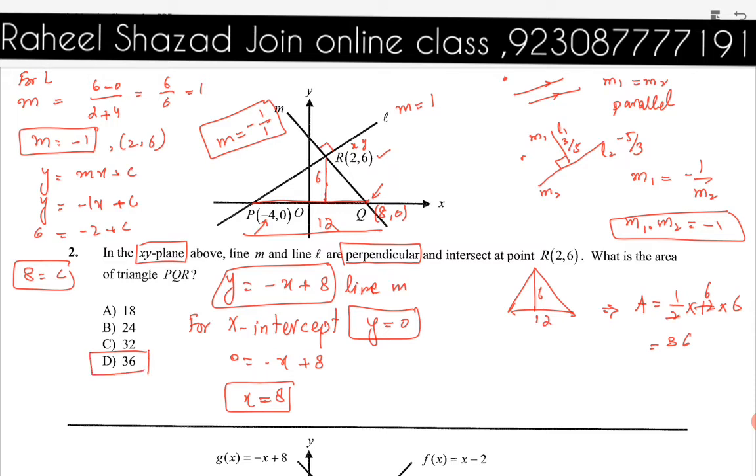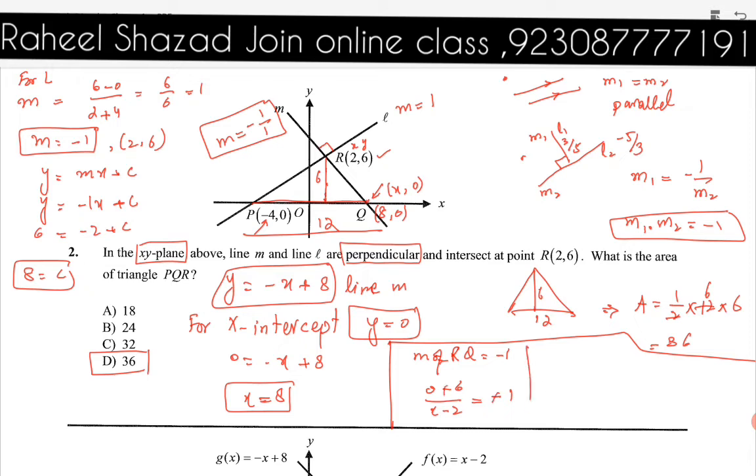Second thing, what we can do in the same question, I hope it is clear, right? We can do the same question: if you have gradient minus 1, we have the first point and the second point is x and 0, obviously. So R and Q has gradient minus 1, and that will make it 8 directly. I'm going to solve it here in this bracket. So gradient of RQ is equal to minus 1, so it's 0 minus 6 divided by x minus 2 is equal to minus 1.